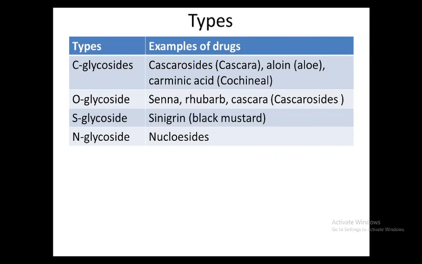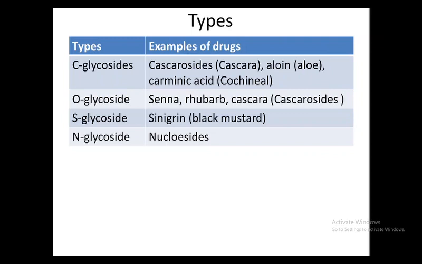Examples are cascarosides, the glycosides found in cascara, then aloin, the glycoside of the aloe plant, and carminic acid, which is the glycoside found in cochineal. Next, the O glycosides.